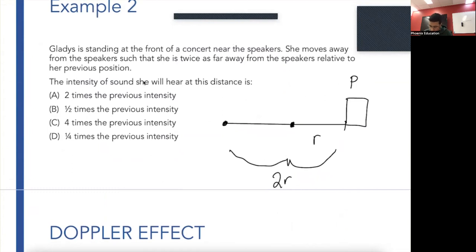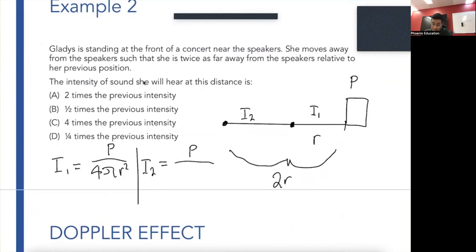For the first case, the intensity I1 equals power over 4 pi r squared. That's the simplest form you can write it, because the radius is r and the power is P. But for the second case, I2 at a distance of 2r, the power is still the same, but the distance in this case will be 2r.